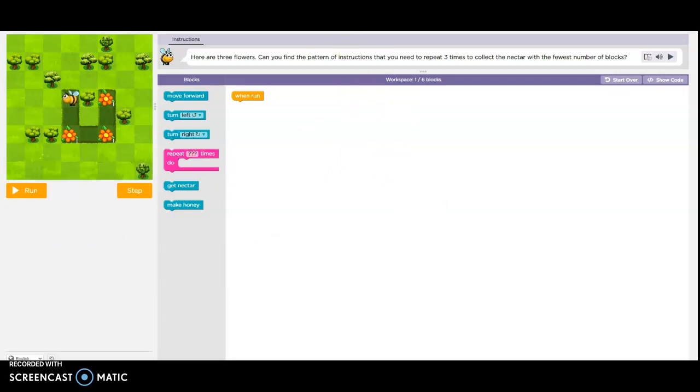So normally these 4 blocks come, but when you go to next levels, you might have more. So now we know what blocks they are and what they mean.